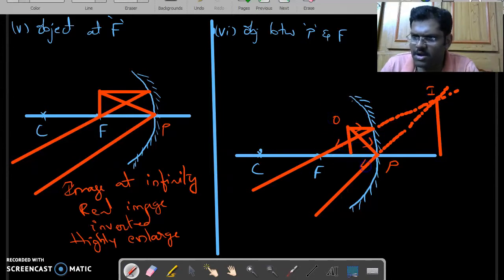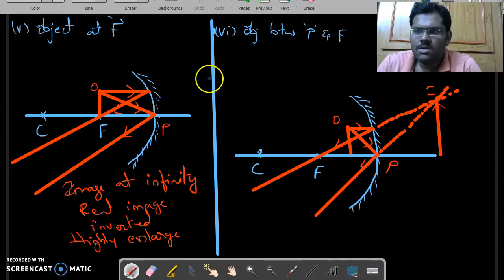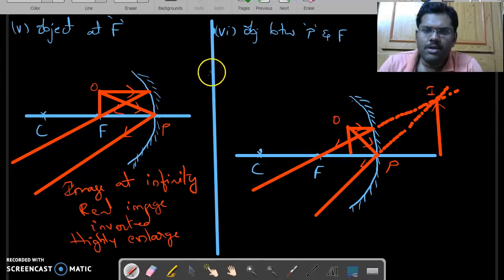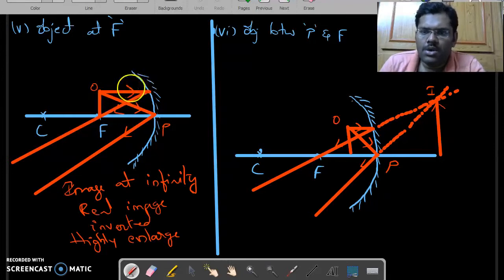Remember that while drawing the ray diagrams, you definitely need to draw the arrow marks over here. The arrow marks are very important whenever you are drawing ray diagrams. While drawing ray diagrams, you need to keep in mind that you need to identify the arrow marks, and also the object and the image.